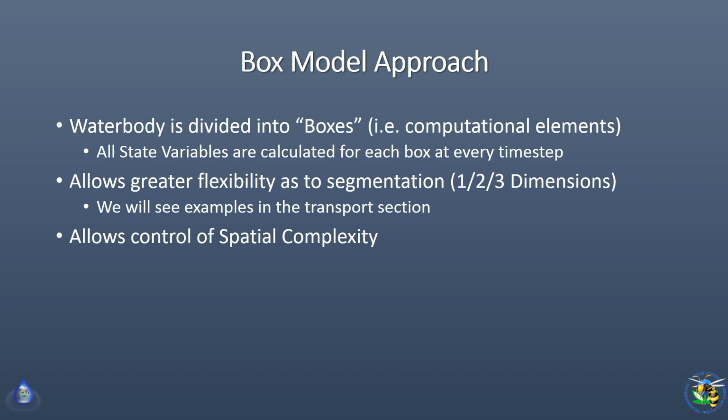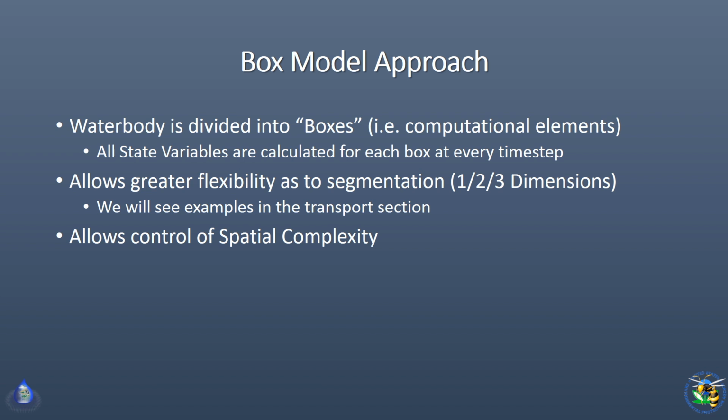The nice thing about a box model is it allows the most flexibility you can have when it comes to breaking your water body up. It could be done in 1 dimension, 2 dimensions, or 3 dimensions, or a hybrid where you have 1-dimensional going into 2-dimensional going into 3-dimensional. So it allows the most flexibility. And we'll see some examples of this in the transport section.